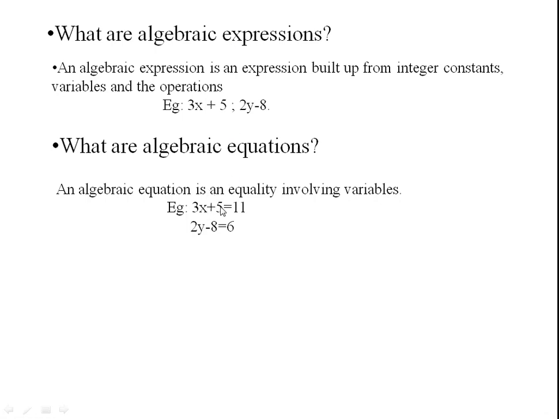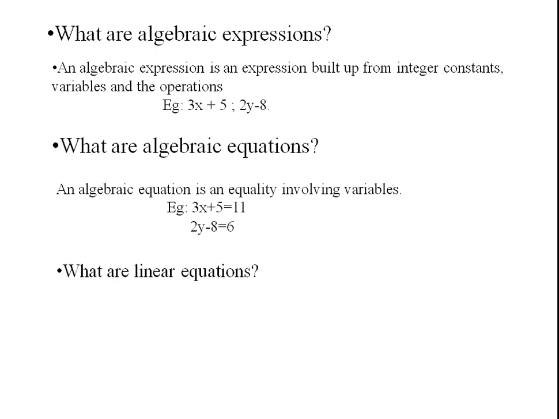Example, 3x plus 5 equal to 11. 2y minus 8 equal to 6. So what is the difference between an algebraic expression and an algebraic equation? You can see that equal to sign is the difference. Here no equal to sign is there, but in an equation equal to sign is there. That is what we call as equality.